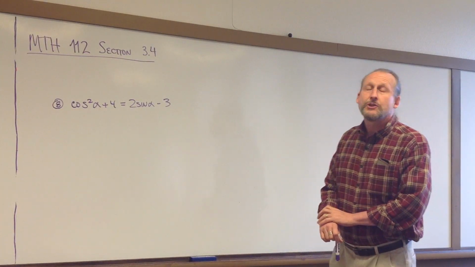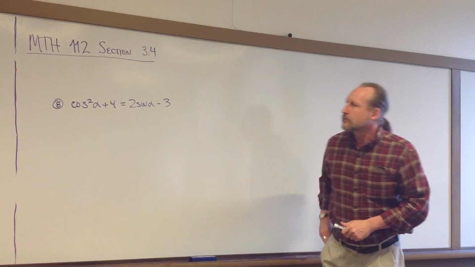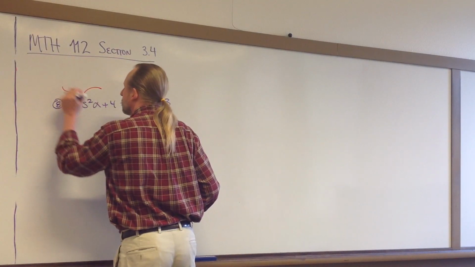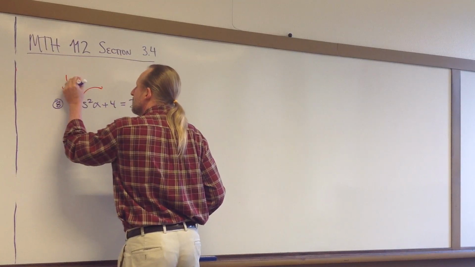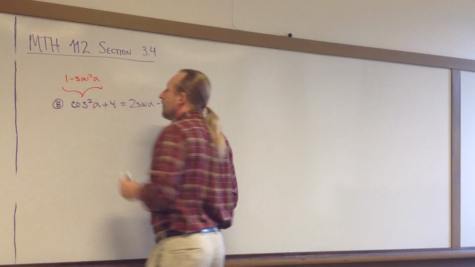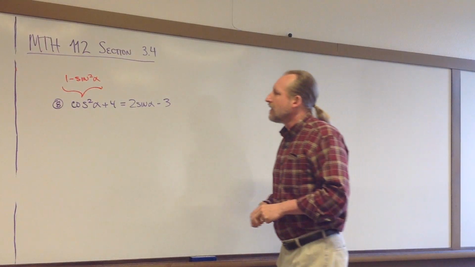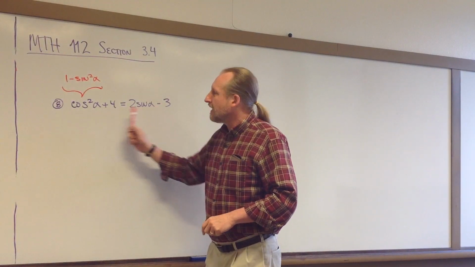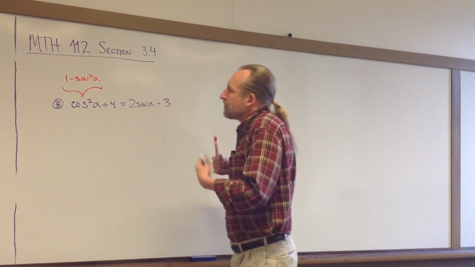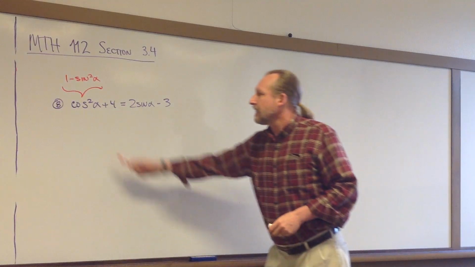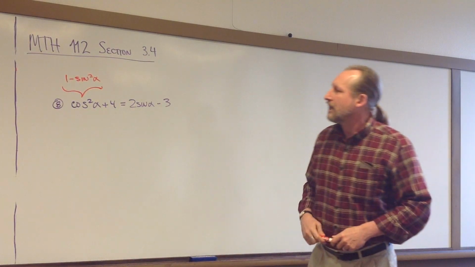The idea is to use identities, right? Because we know from our consideration of trigonometric identities that cosine squared of alpha is the same as 1 minus sine squared of alpha. You notice that this is a sine, but this is a cosine squared, so that prevents us from using the quadratic formula. It's like you've got an x squared plus a y in there.